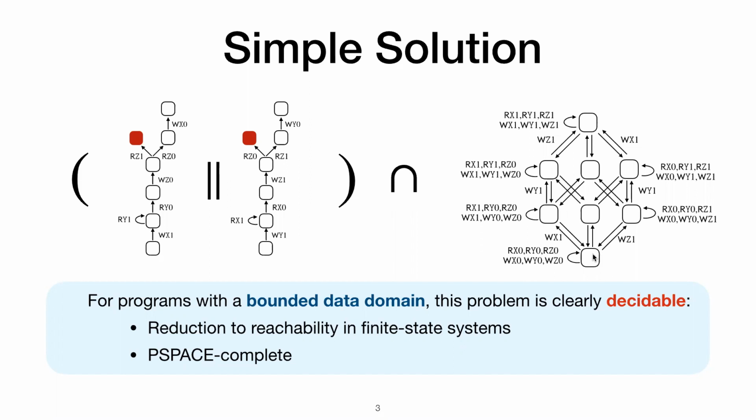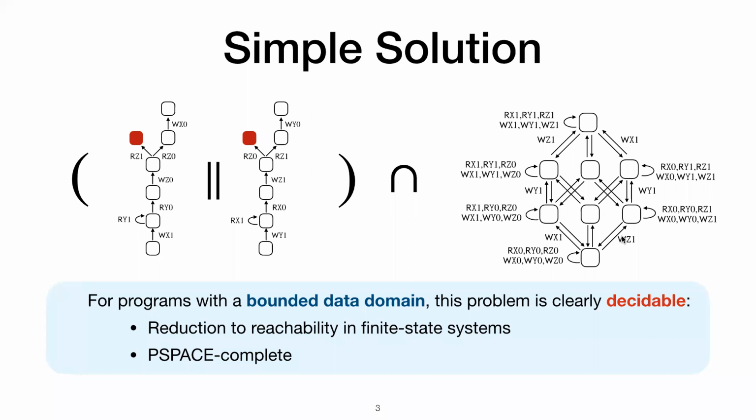Each state here corresponds to some mapping from variables to values. When you read, you can read the values that are in this mapping. And when you write, you move to a different state that corresponds to the updated mapping. So this is again all finite, and it's quite simple.